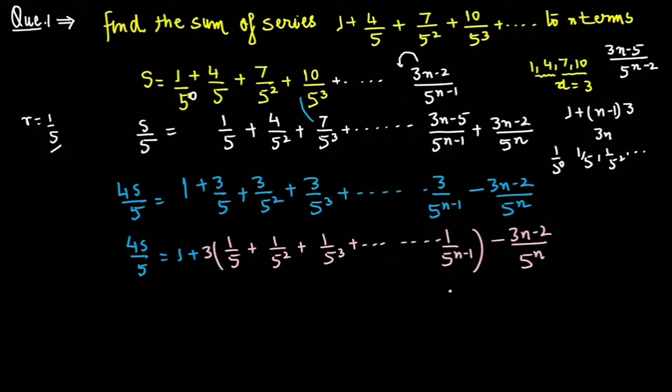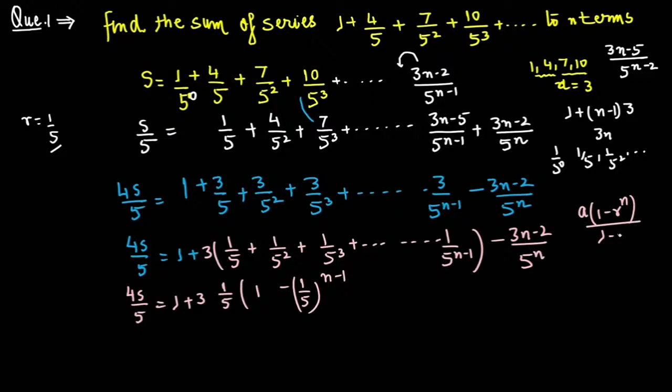And the first term is 1 by 5, common ratio is 1 by 5. Then 4s by 5 is equal to 1 plus 3, first term a, 1 minus r, 1 by 5 power n minus 1, because the formula says a into 1 minus r power n upon 1 minus r.